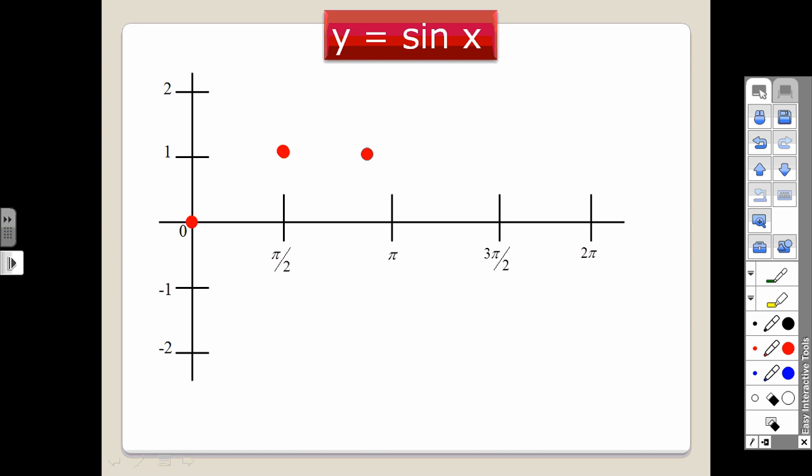Then move along your unit circle over to pi, and you'll notice that sine is back again at 0, so we'll put a point back here at 0. And moving along down to 3 pi over 2 radians, sine is now at -1. That's about right there. And then back up to 2 pi, we're back at 0.